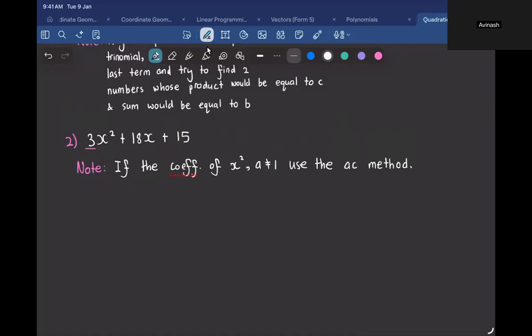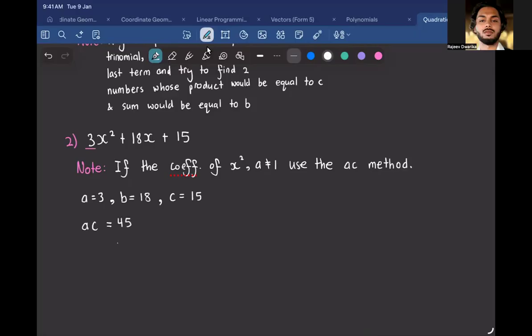You're seeing AC, that means A by C. So the first thing, you're going to multiply A by C. A is 3, B is 18, and C is what? 15. So A by C is going to be equal to what? 45. Right, A by C is going to be 45.